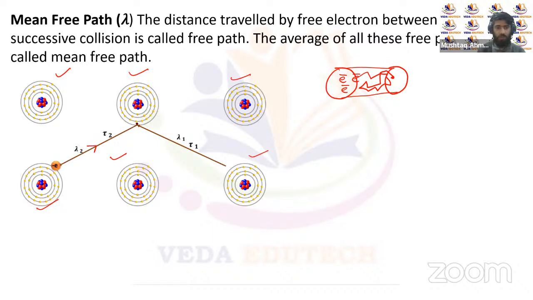After some time, this electron strikes this atom and is reflected back, and again it is going to strike this atom, and so on. This process is repeated again and again. So this is how the collision of electrons occurs with the atoms of a conductor.